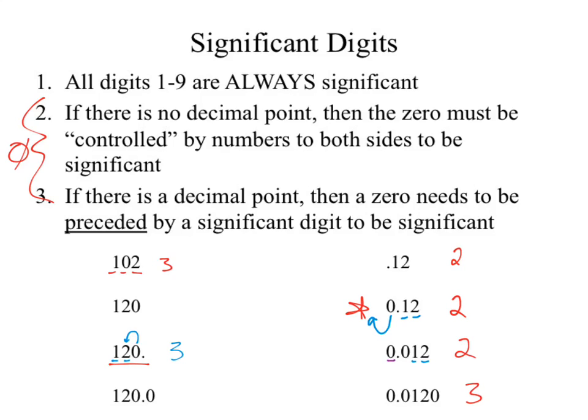So if we look at that, we have to look what's in front of it. Nothing, which means is that a significant digit? No. We can now move to the next 0. What's in front of it? A 0 that we've already decided was not a significant digit, which means there is no significant digit in front. We're looking at only 2 sig figs.